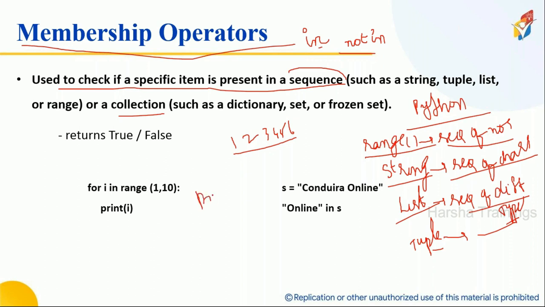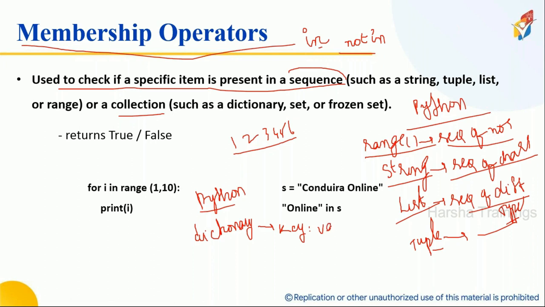Now, another one is collections. Python has 2 kinds of collections. If anyone asks you about collections in Python, you have to say the first one is a dictionary. Today we'll see a little bit about dictionary. Dictionary is a data structure which stores key and value pairs, key colon value.